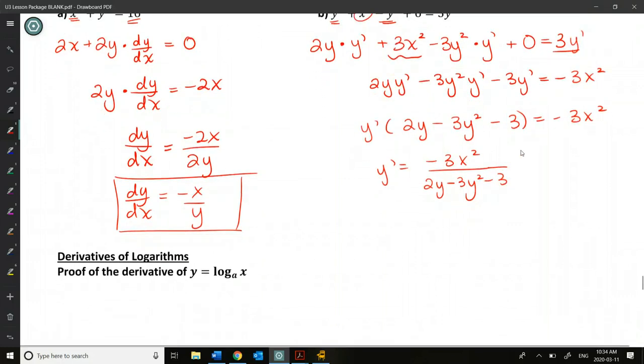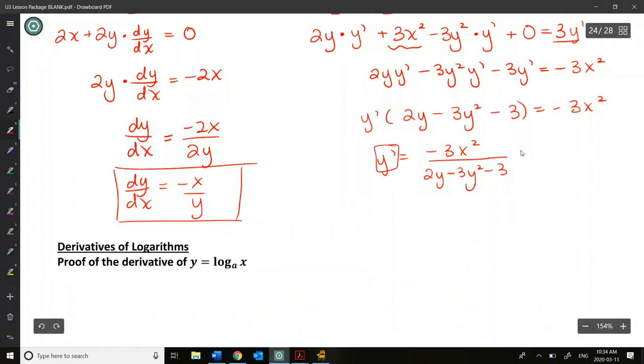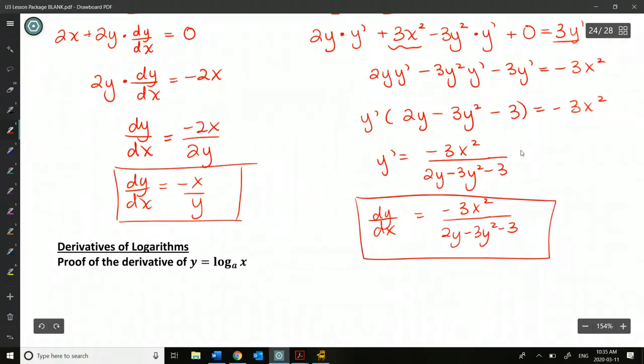Okay, so this is what you should get. You can also, if you're wanting to use dy over dx notation, you can do that as well. So dy over dx, or you need to put the y primes in your equation, okay? So that's what our derivative should be equal to.